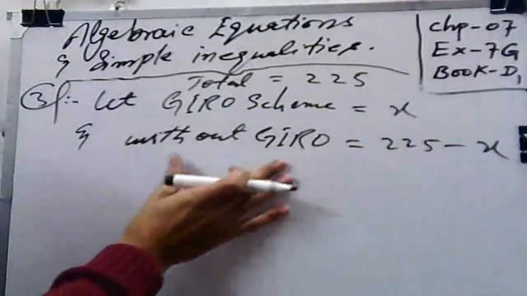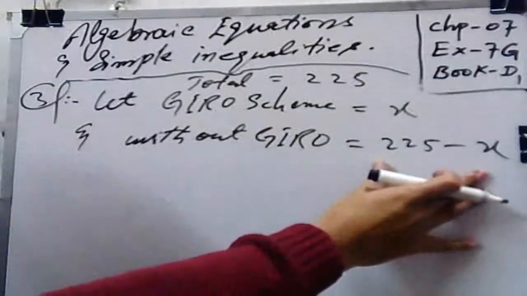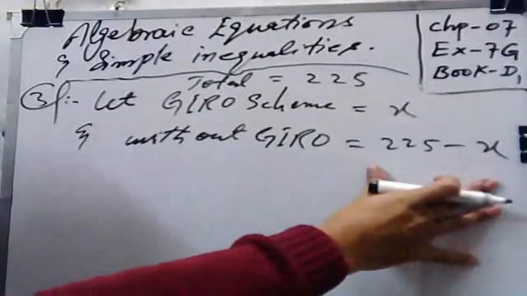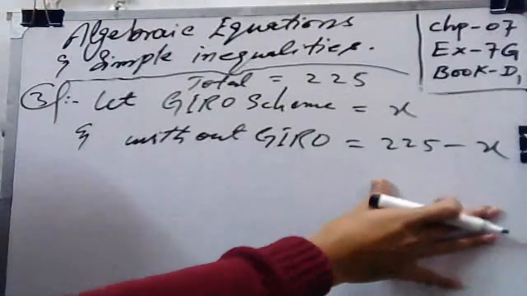So these are the students who do not join the scheme. That is your basic thing.